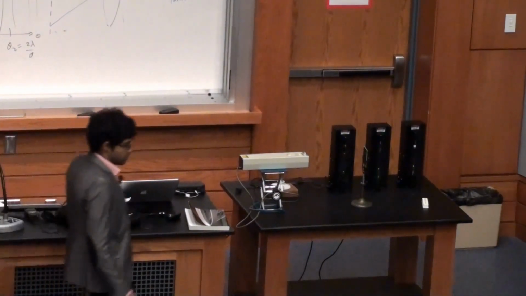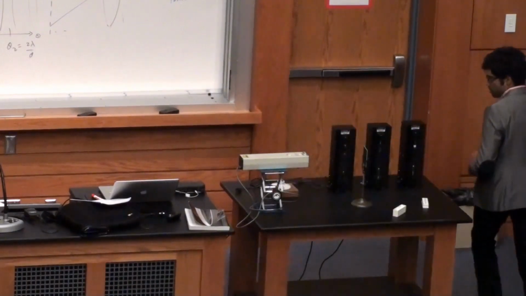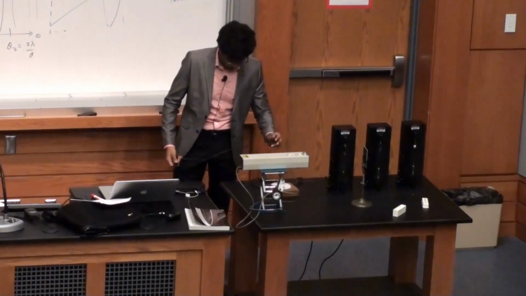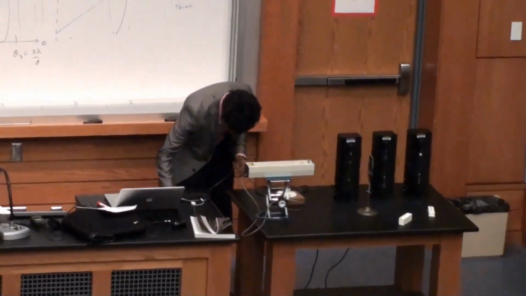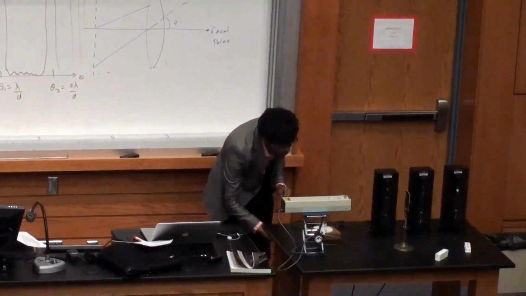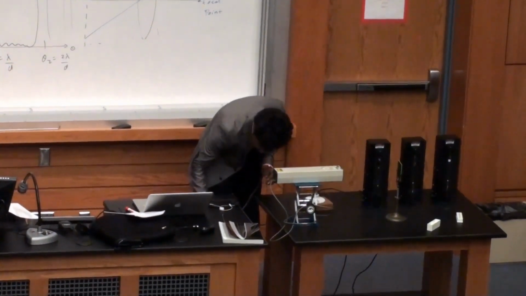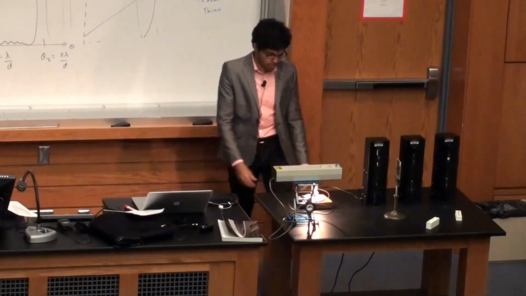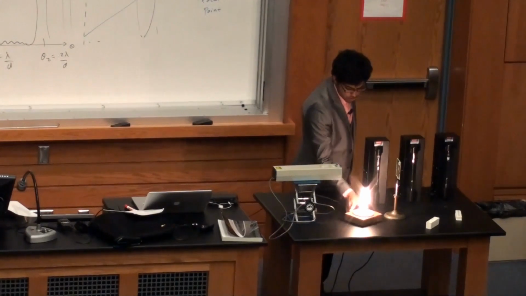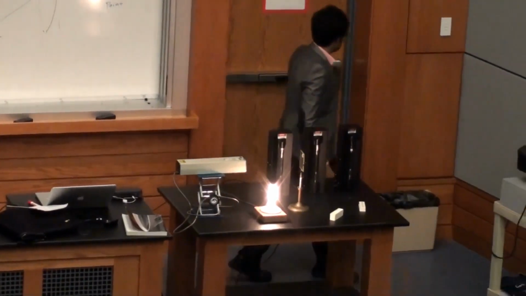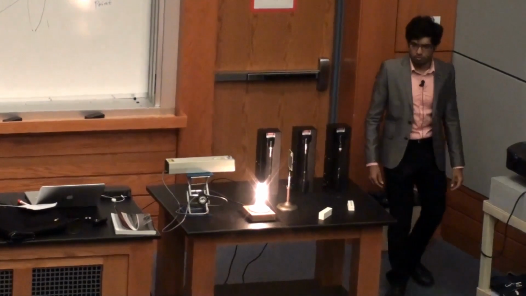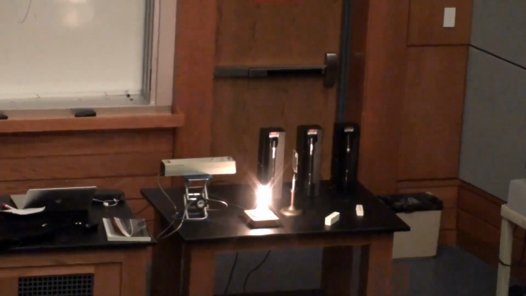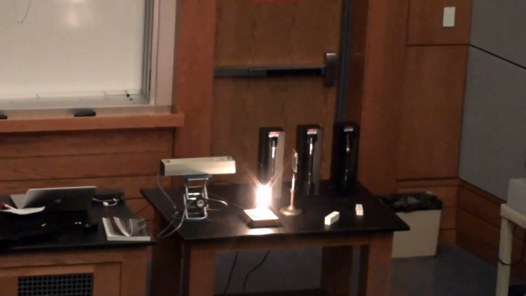So that again is a diffraction grating, and this is a white light source, and you should be able to see even with the lights on, but I'll turn them down for the dramatic effect. I don't have enough for the whole class, so you should share, just pass it around.